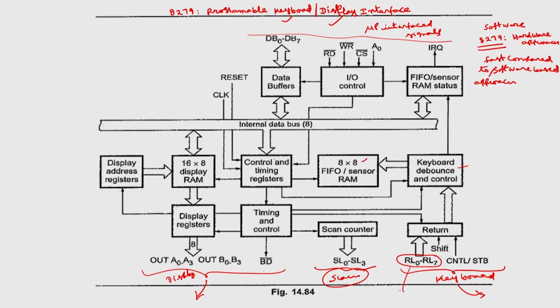And we have totally 8 signals RL0 to RL7. This will be connected to the eight columns of the keyboard matrix.